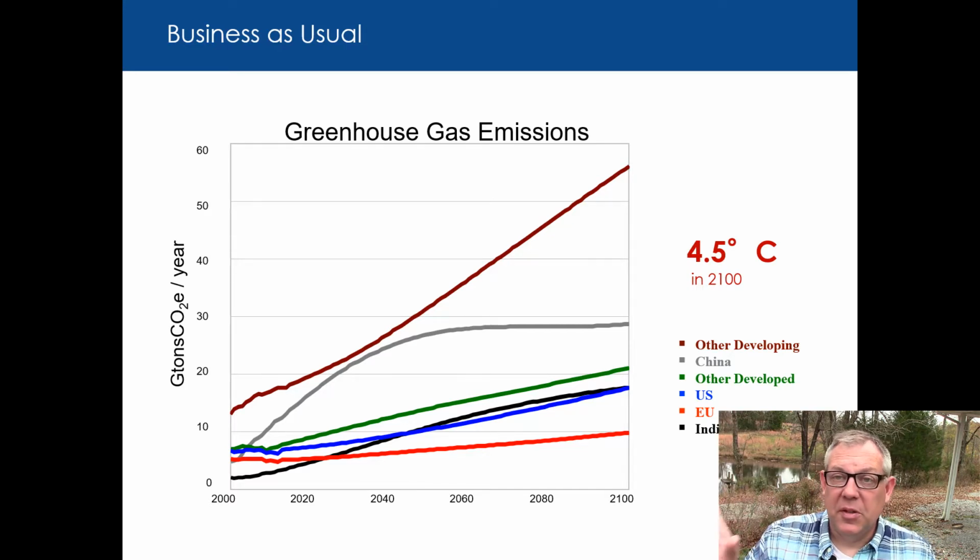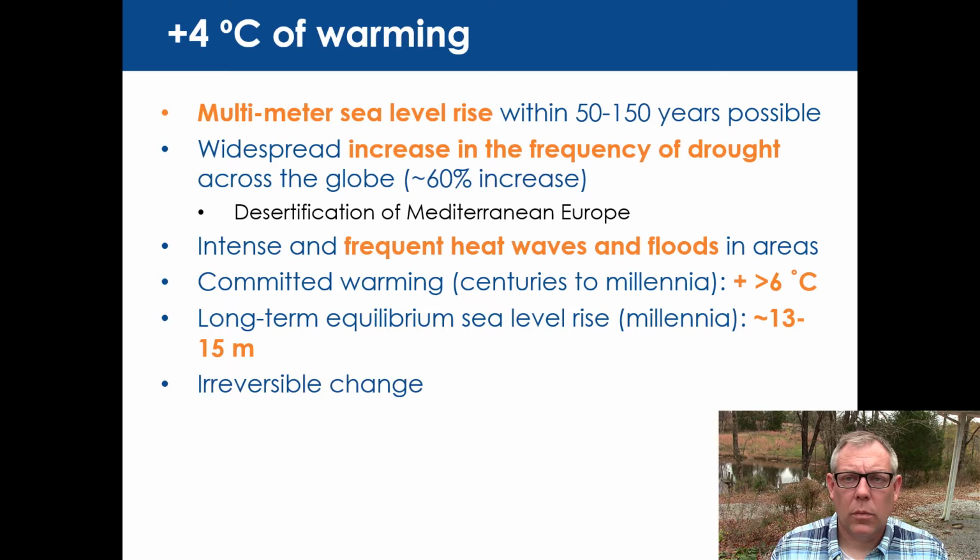And so this is the business as usual model, right? If our use of fossil fuels in these different countries goes as predicted, increasing for most of these countries, that's going to add so much carbon to the atmosphere that you're predicting about a 4.5 degree increase in temperatures.